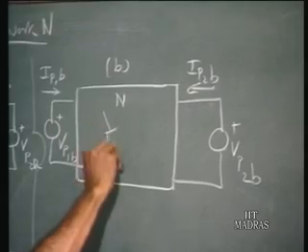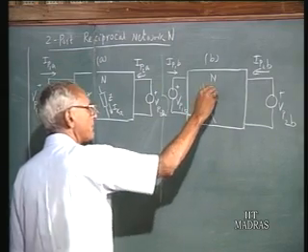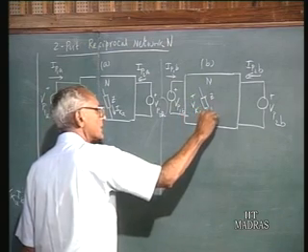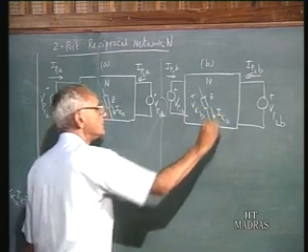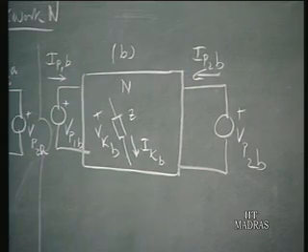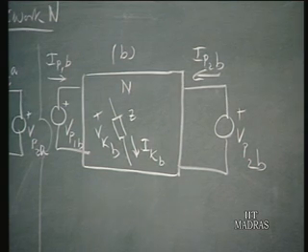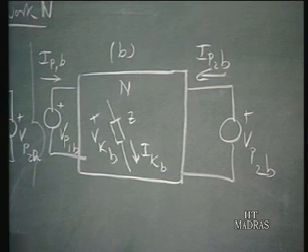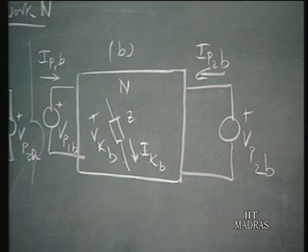And in this element here, same impedance Z, I have VKB and the corresponding current IKB. That means we are taking the same network N and have 2 different terminal conditions. In one set I call A, the other set I call with subscript B.